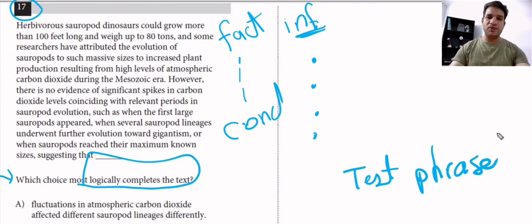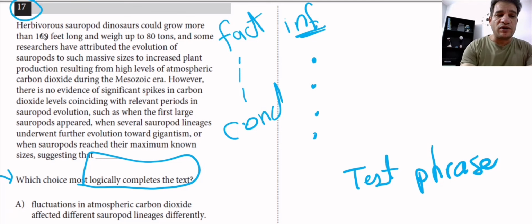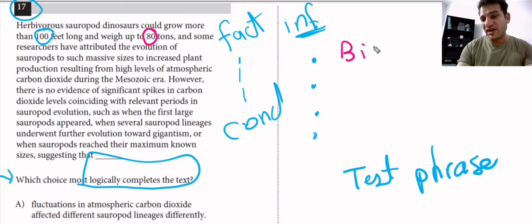Now let's get started. So it is herbivores, sauropod dinosaurs. Some dinosaurs can grow more than 100 feet long and weigh up to 80 tons. So those dinosaurs can be very big in size, and this is the first point.